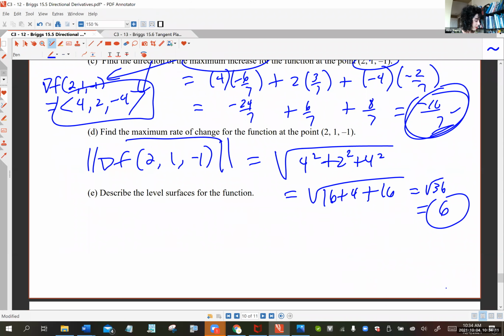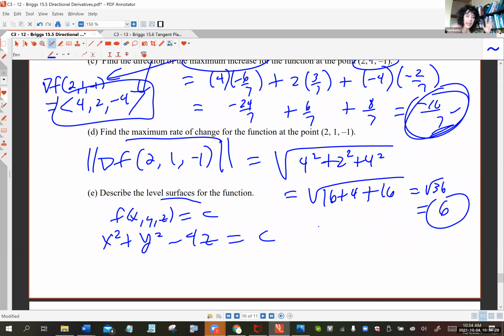And finally, what are the level surfaces for this function? Not level curves, level surfaces, because it's a function of 3 variables. Step 1 to find level surfaces, set the function equal to a constant. So x squared plus y squared minus 4z equals some constant.